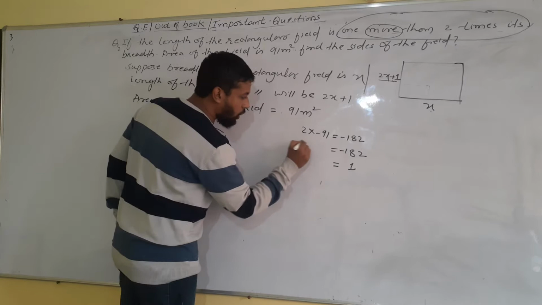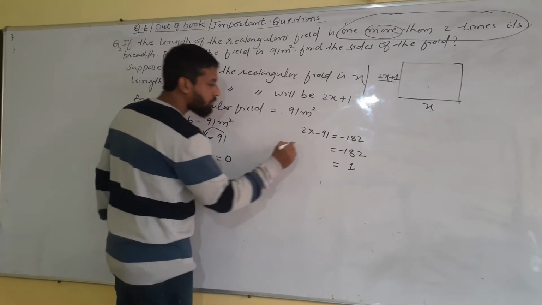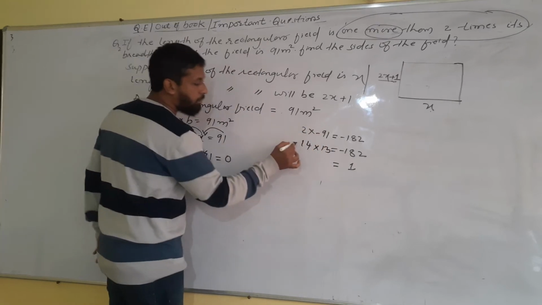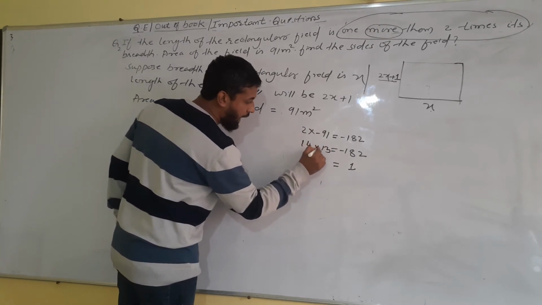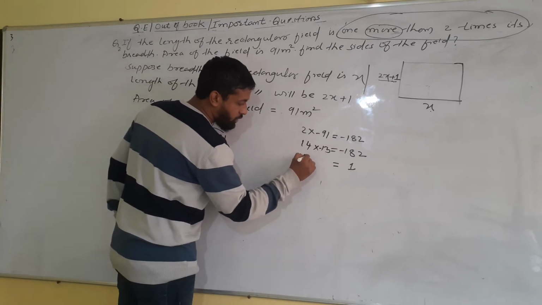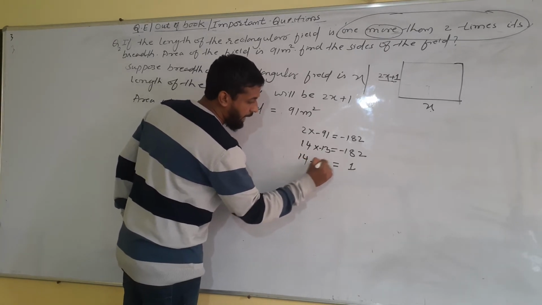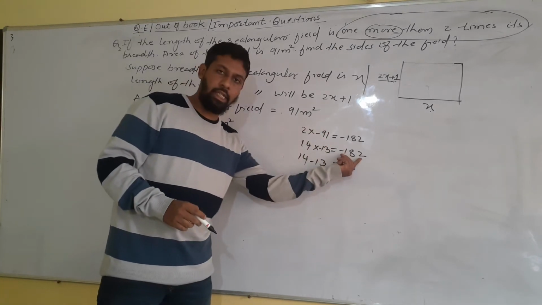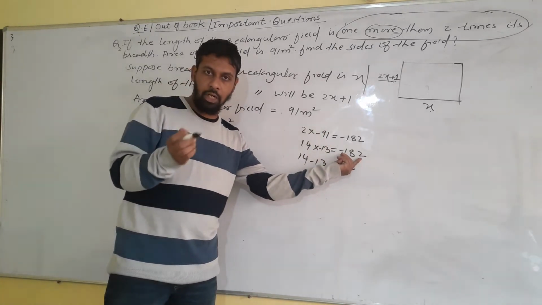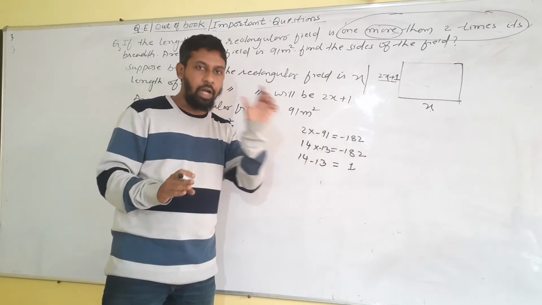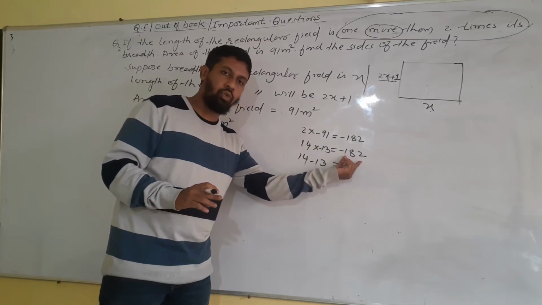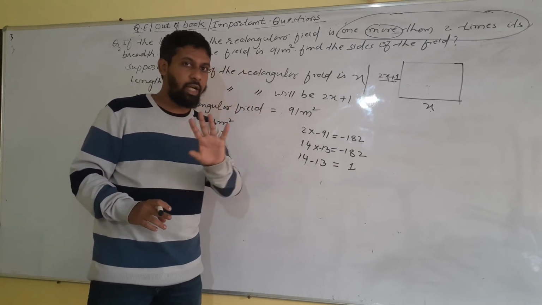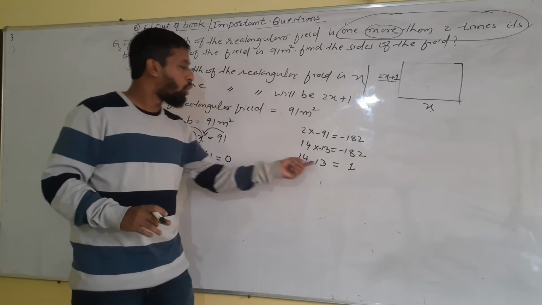So those two numbers are 14 into 13, and the numbers are plus 14 and minus 13. When you add plus 14 and minus 13, you will get plus 1. For minus 182, the product of those two numbers should be minus 182, and by using the same numbers, not different numbers, you should get plus 1.